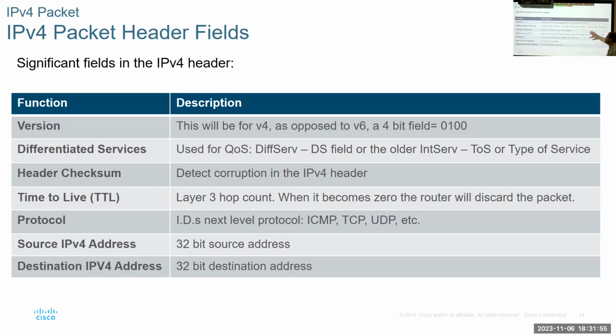Remember, we're talking packet headers, so switches won't deal with this at all because they don't look at the packet header. Only routers will consider things like the differentiated services field.